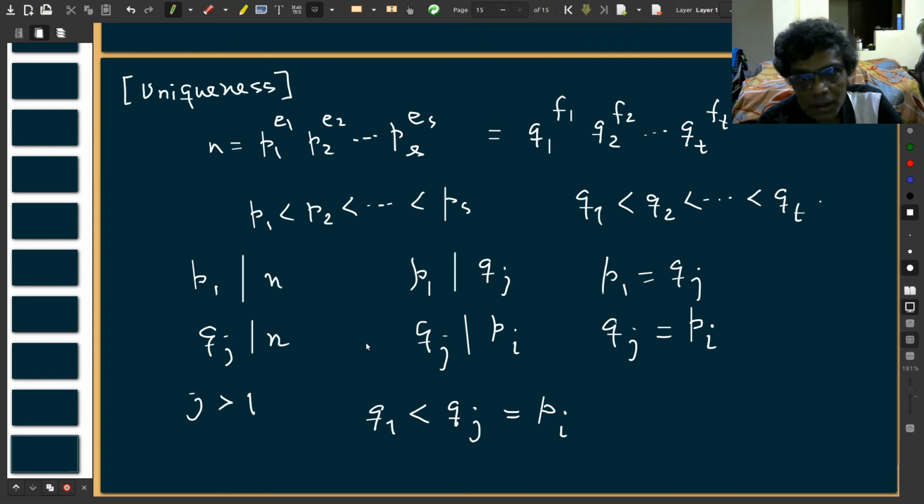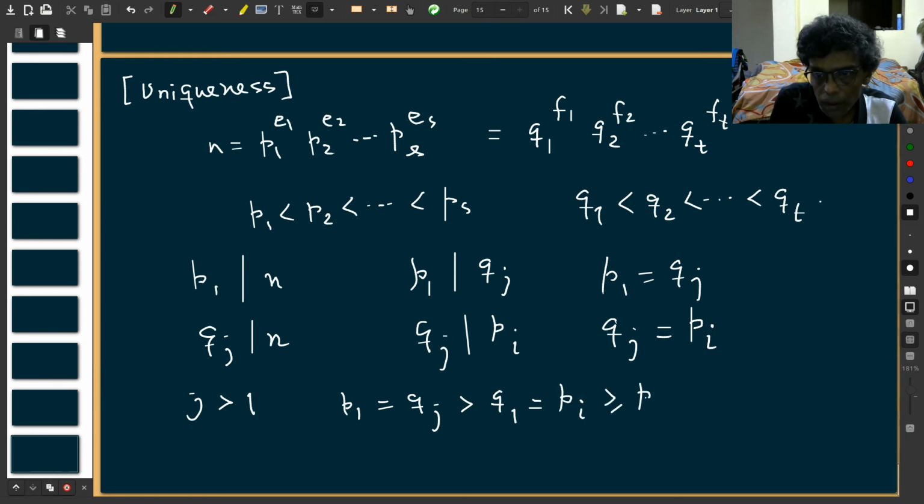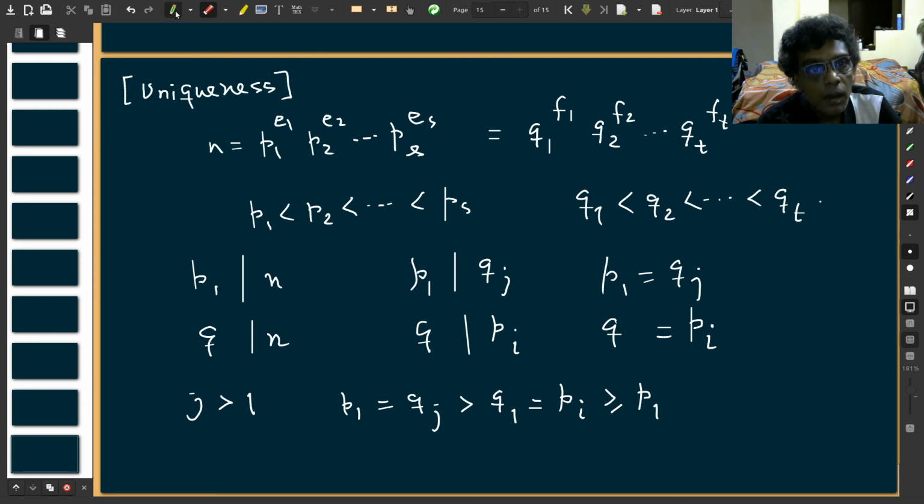I want to show p1 equal to qj, which is greater than q1, which is equal to pi, greater than or equal to p1. So I will do it not for qj, but for q1.